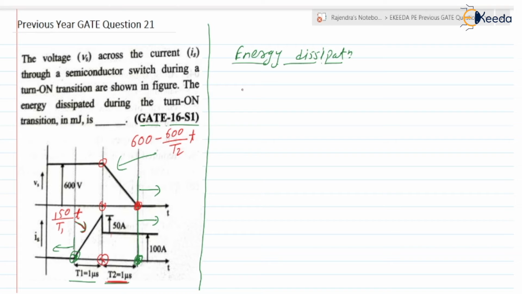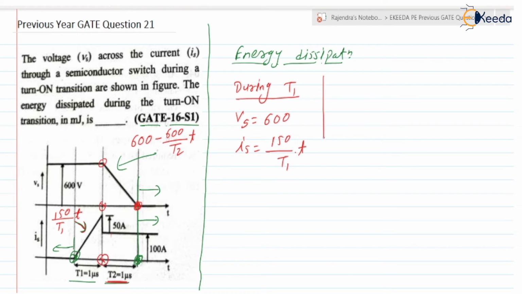So we can write, during t1, Vs is equal to 600 and Is is equal to 150 divided by t1 into t.